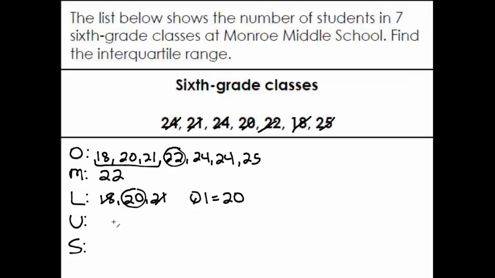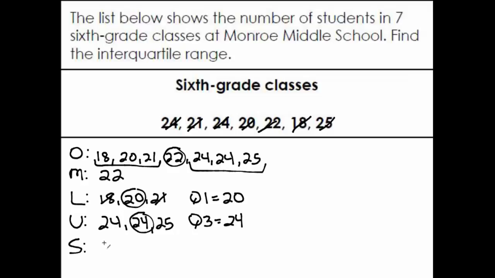Next, our upper quartile, which is the median of the upper half of the data. We can rewrite those numbers as well. Since we have 3 numbers, our second number is our middle value, which is 24. So our upper quartile, our Q3, is 24.